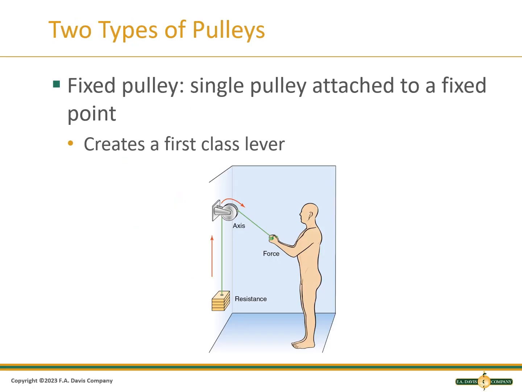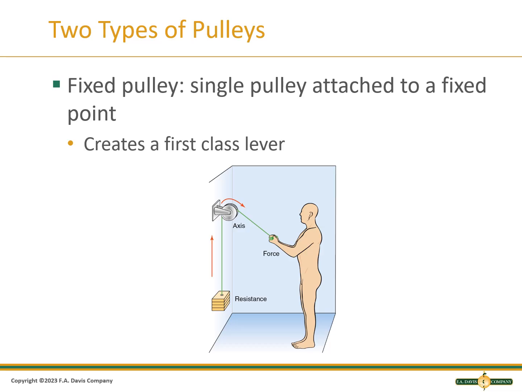We have two types of pulleys, the first being a fixed pulley, which is a single pulley used while attached to a fixed point. This does nothing to affect the force required to move the load, so there's no mechanical advantage for force noted, but it changes the direction of the force, which can be helpful for distance or range of motion.